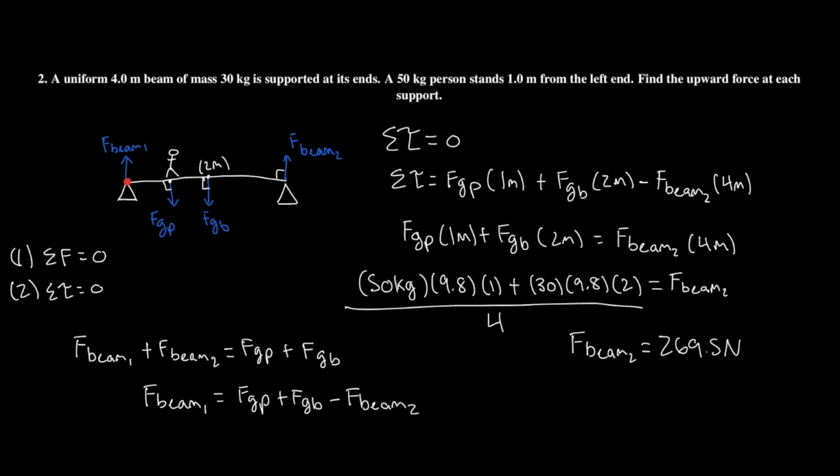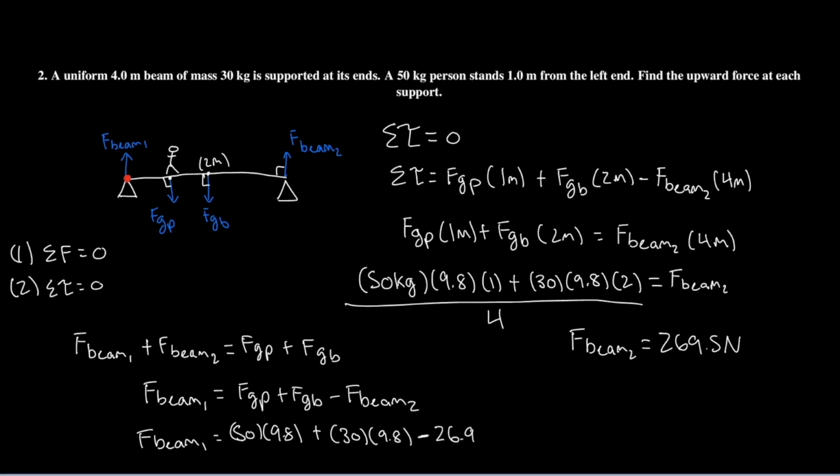And we will get, so the force of gravity of the person is 50 times 9.8. The force of gravity of the beam is 30 times 9.8, and then minus 269.5, which we calculated. And here, we don't need to worry about any of the radiuses, which makes it a little bit easier to do it this way. We get a final answer of 514.5 newtons.